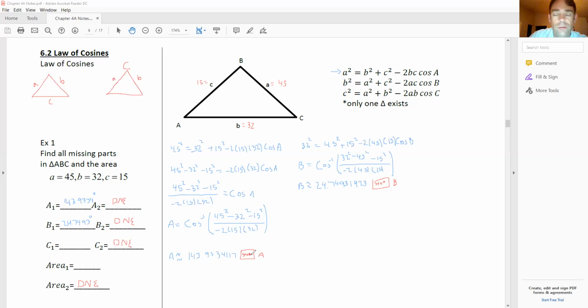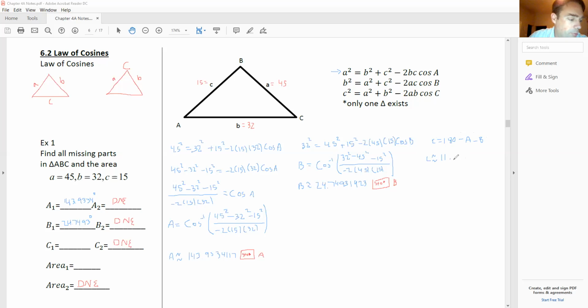Okay, so we found two of our angles. Well, angle C isn't going to be too bad, because angle C is just 180 minus B minus A. So C is approximately 17.26903. Now I won't use C again, so I don't need to go out to all the decimals.